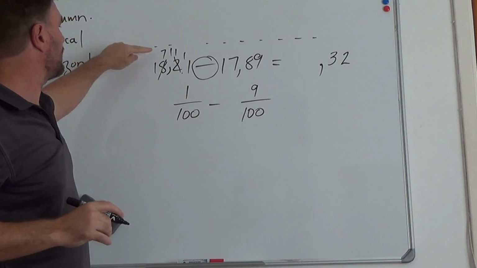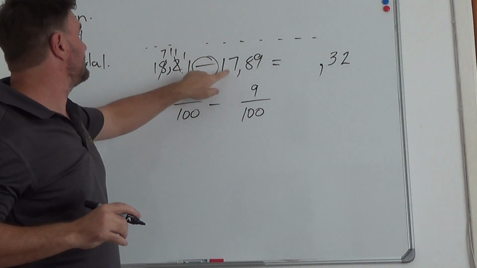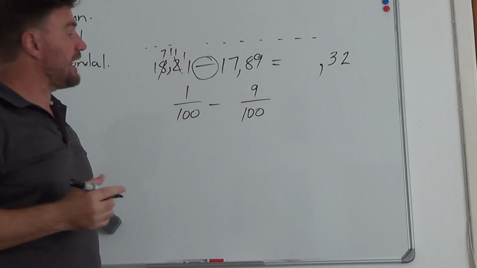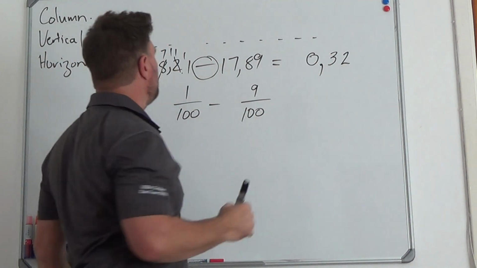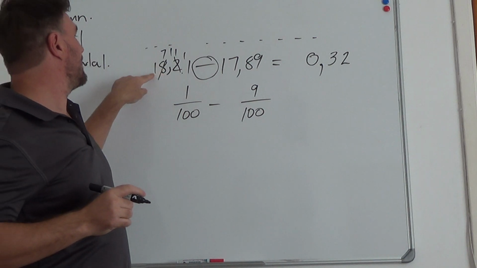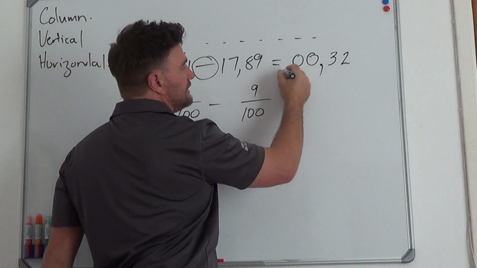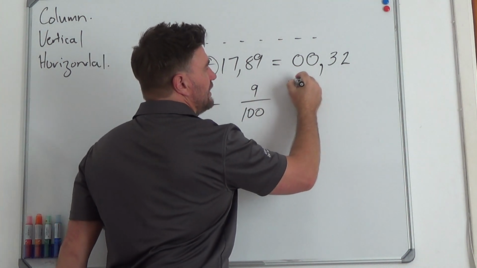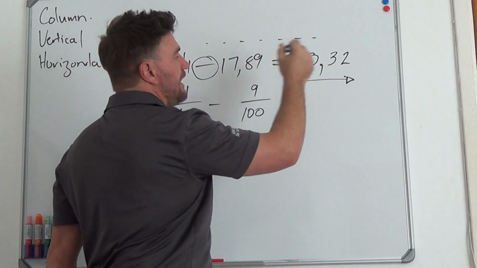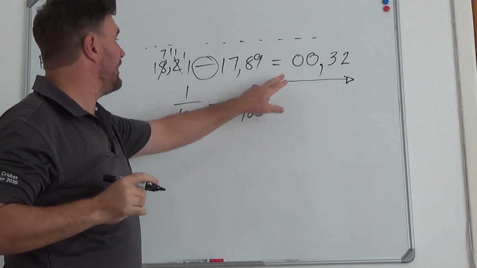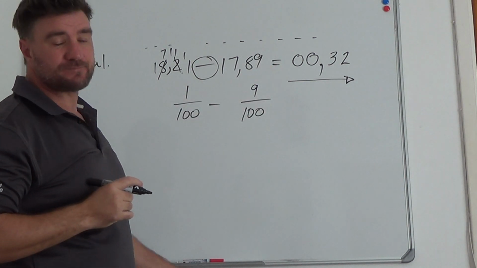Now we've got the number 7. Can we say 7 minus 7? Yes, it will equal 0. Then 1 minus 1 will be 0 as well. So your answer is 0,32 as a decimal fraction.